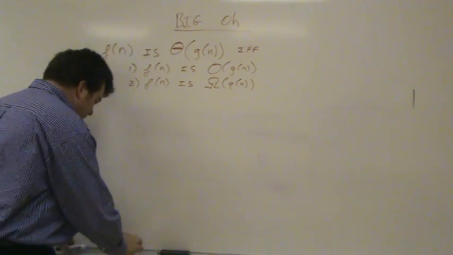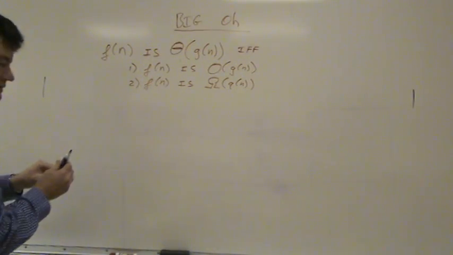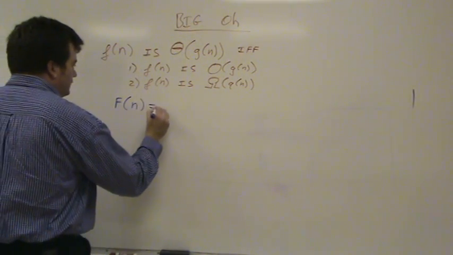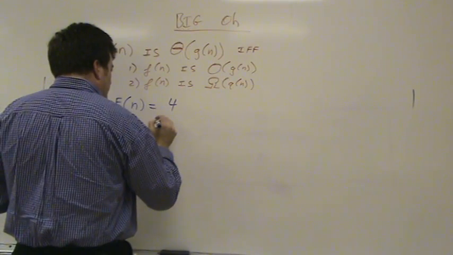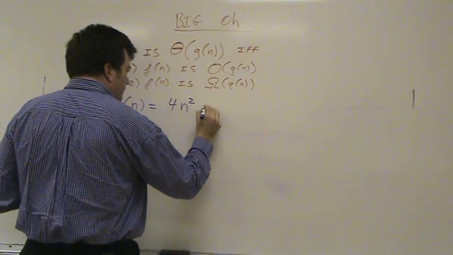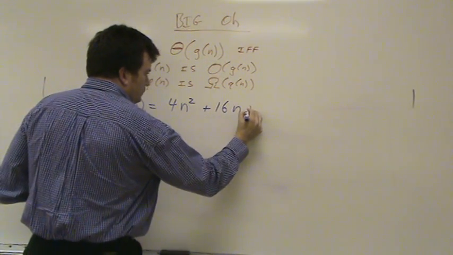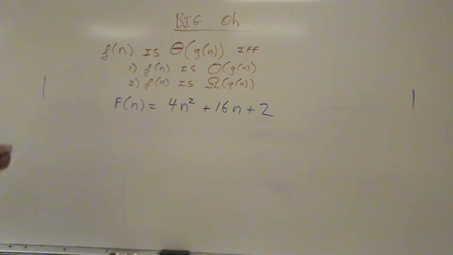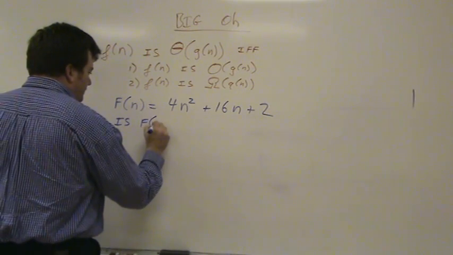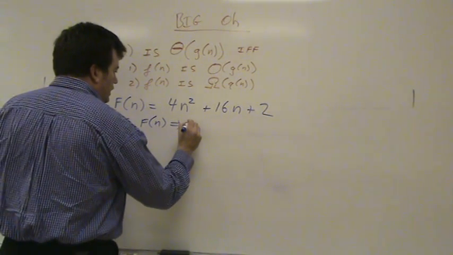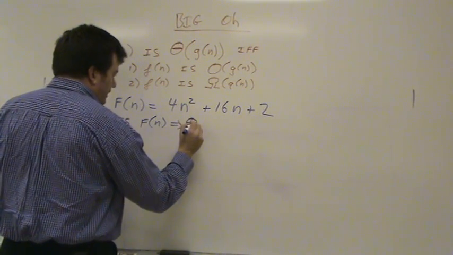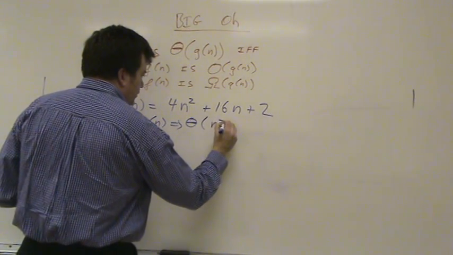Okay, so let's come up with an example where this is true. Let's use the example we just had before. F of n is equal to 4n squared plus 16n plus 2. And we're going to ask the question, is f of n theta of n squared?